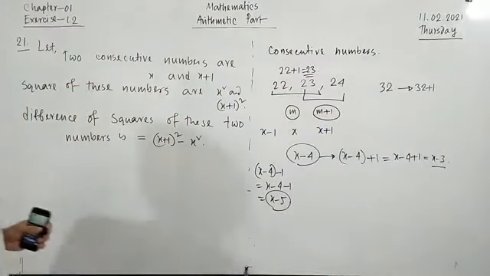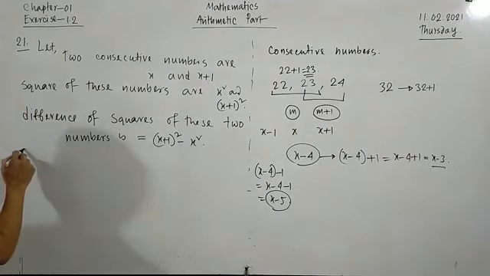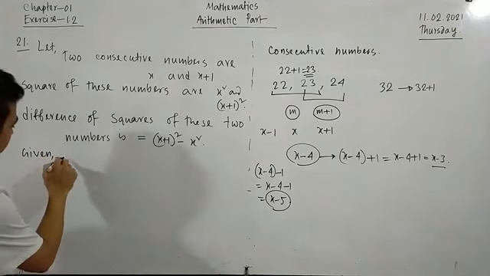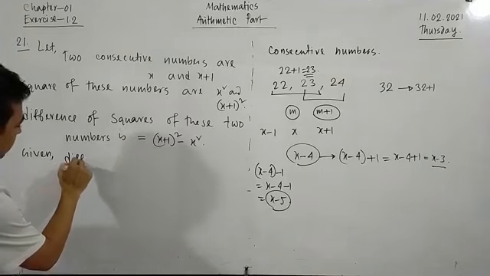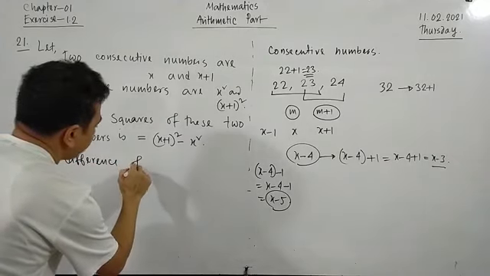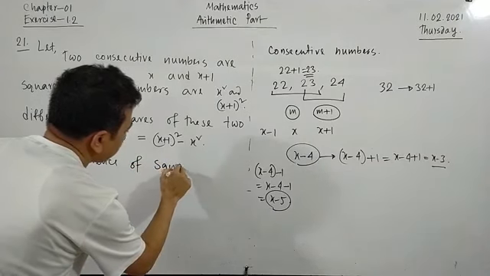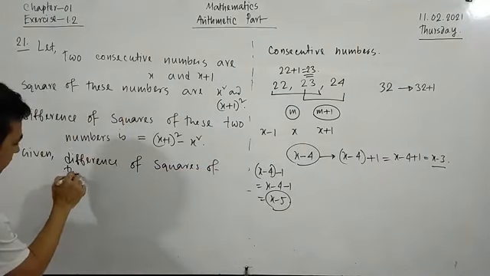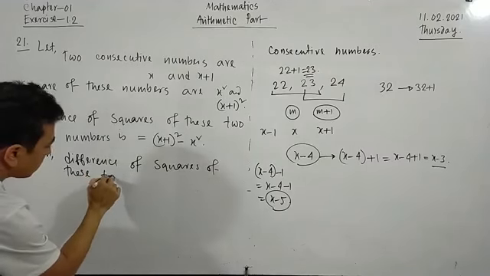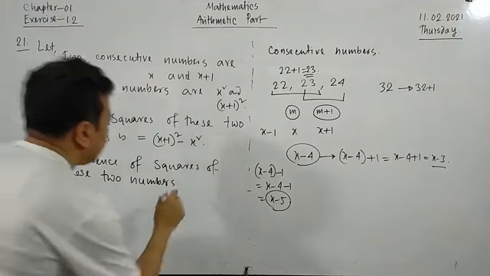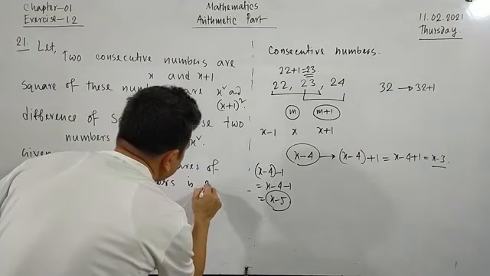So now we can write, given the difference of squares of these two numbers is 37.